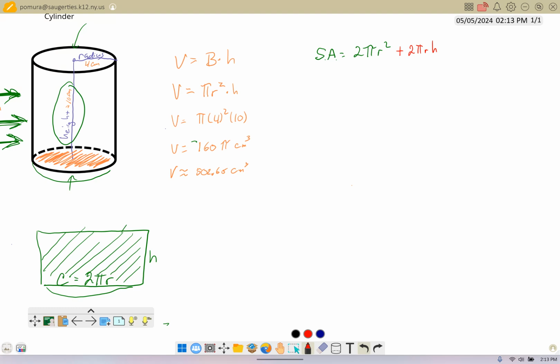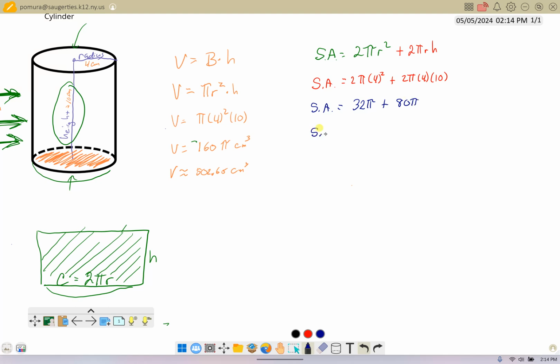So now I'm just going to do some substitution. Surface area equals 2 pi, the radius was 4, so it's going to be 4 squared, plus 2 pi times 4 times 10, which gives me, once again, you should be trying this on your own, so if you need to pause, go ahead and do so. 4 squared is 16 times 2, it's going to be 32 pi, plus 2 times 4 is 8, times 10 is 80, so it's going to be 80 pi.